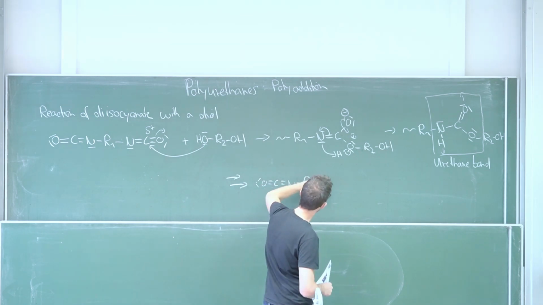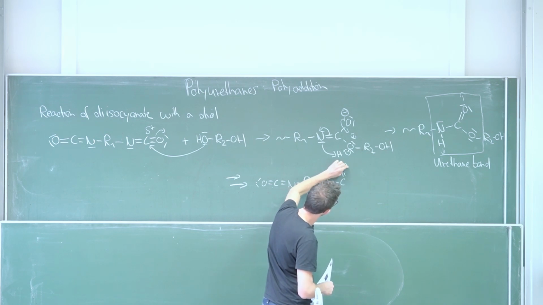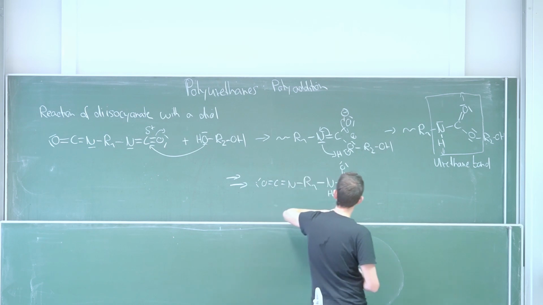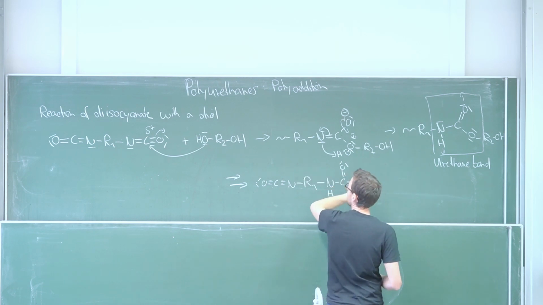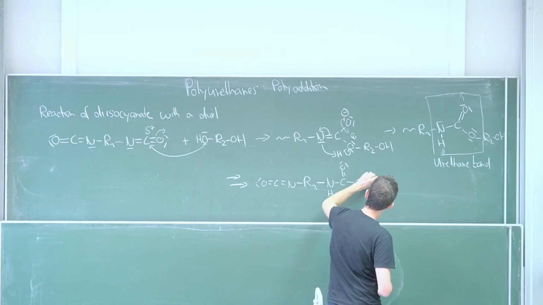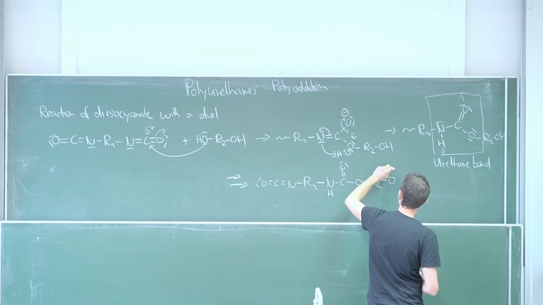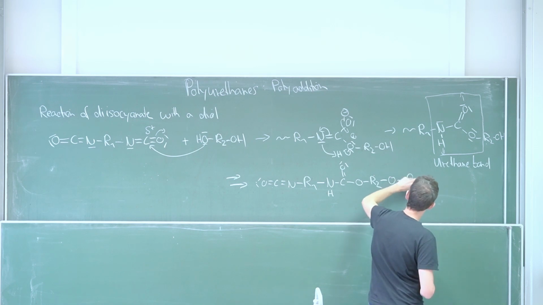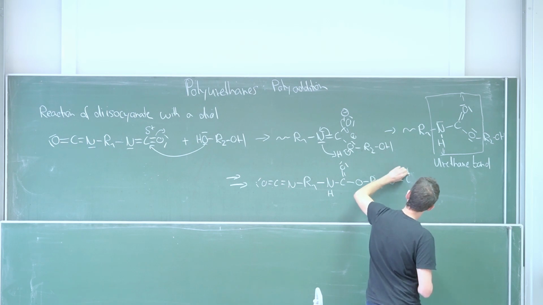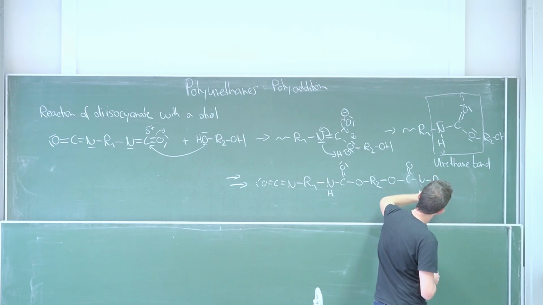Now we form our urethane bond. R2, O, R2, and then R1, O, and so on.